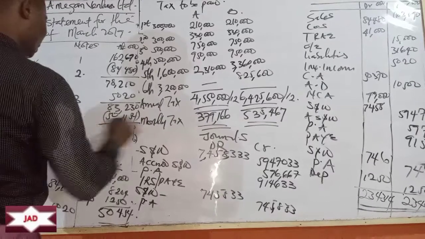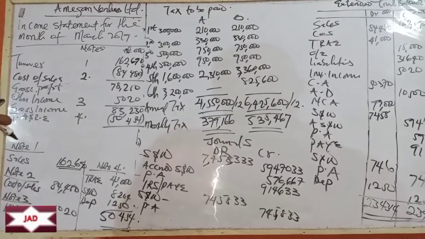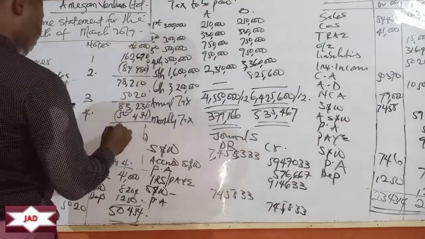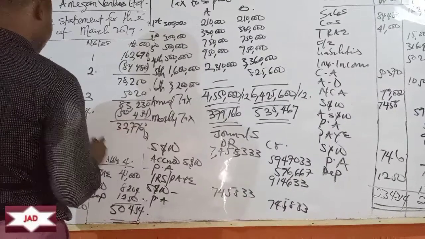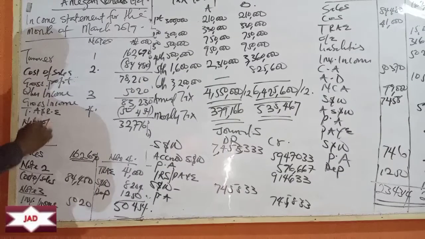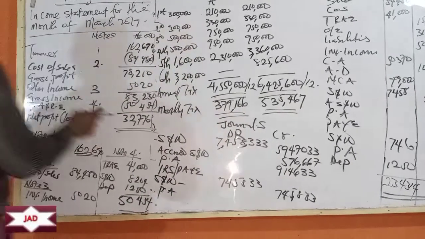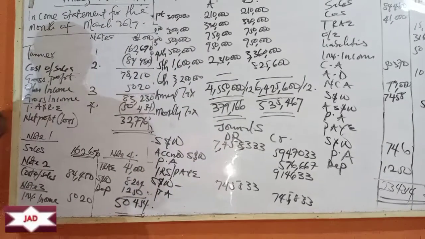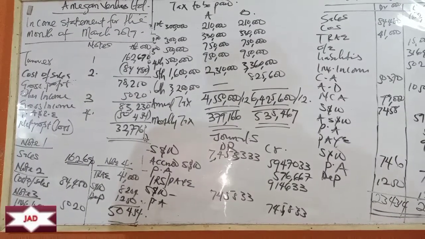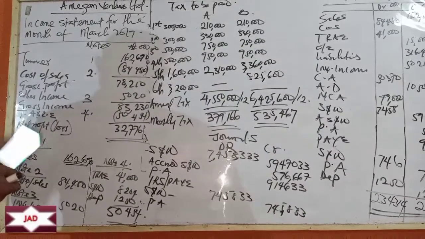So when you take that out from 83,230, what do you have? 32,776. This will be your profit for the year, right? As I said, your loss is when your expense is higher than your income. So from here you can see that the income is higher than the expense. We have net profit.